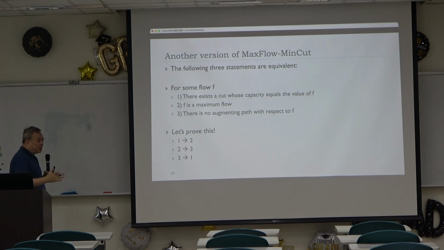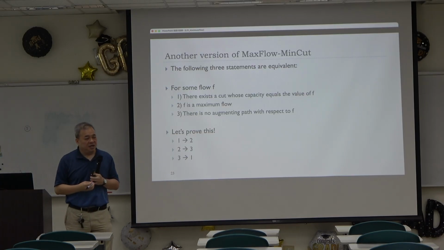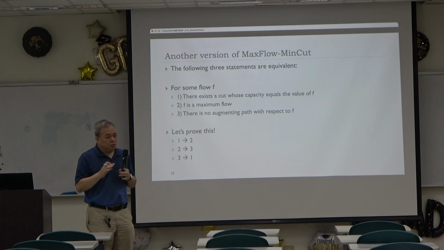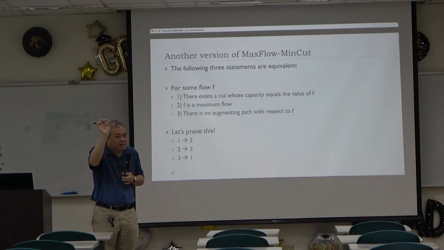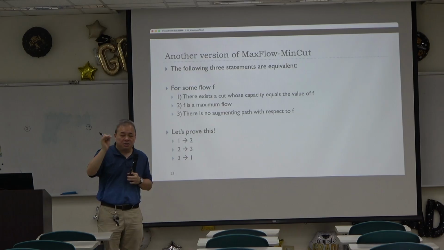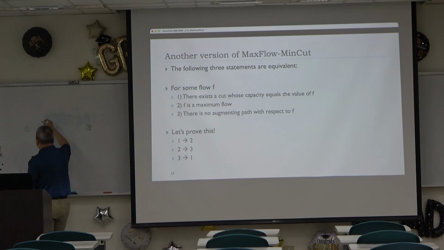You can use either depth first search or breadth first search to traverse, to try to reach all the nodes you can possibly reach with remaining capacity. If there's still capacity left, then you can, for example, go from S to some nodes.